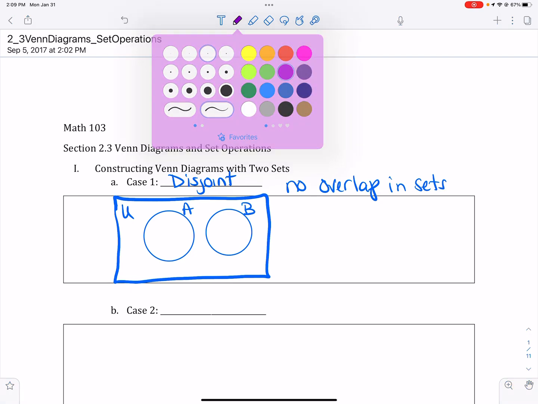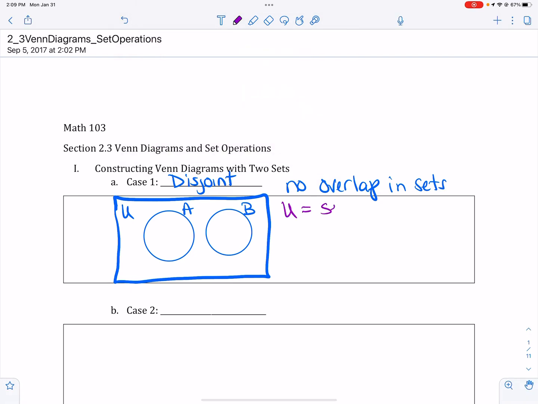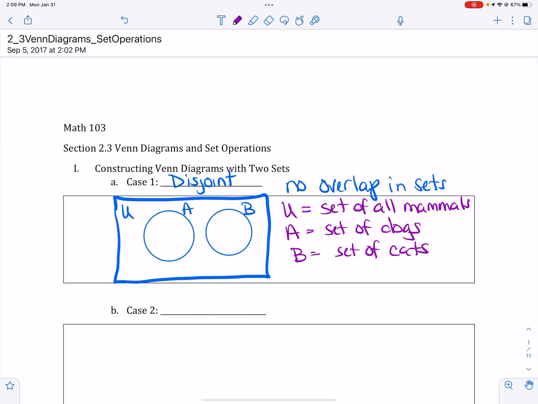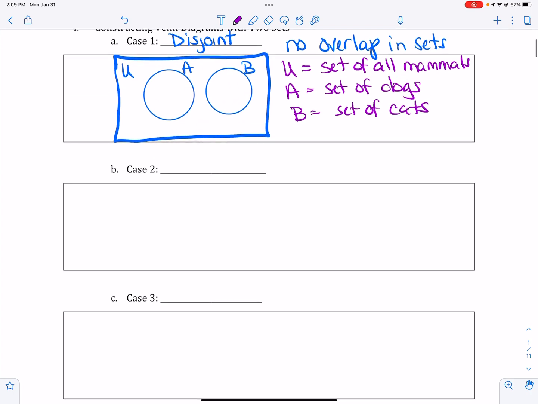So for example, U is the set of all mammals, and A is the set of dogs, and B is the set of cats. Okay, there are no cats that are also classified as a dog, at least as far as I know. Okay, but they all belong to the set of mammals. Okay, so that would be an example of 2 disjoint sets.